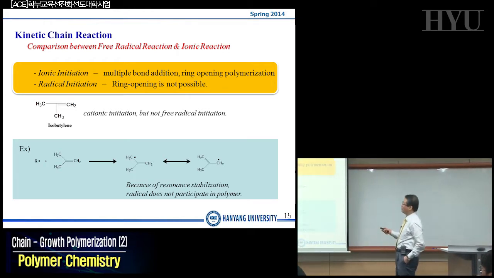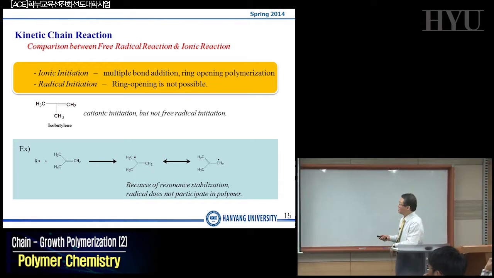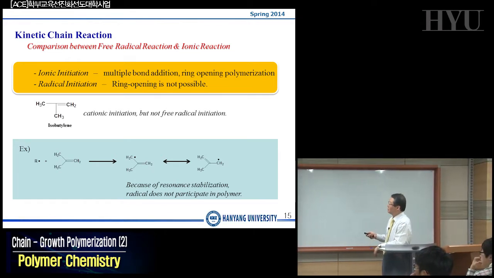What I have emphasized here is that ionic initiation is different from radical initiation. Ionic initiation will initiate components which contain a ring. So ring opening polymerization is possible in the case of ionic polymerization reactions, but if you have a ring-containing monomer, then radical initiation is not possible.